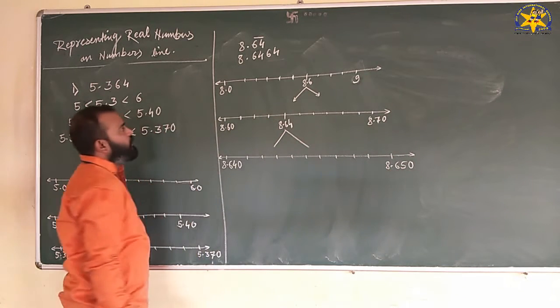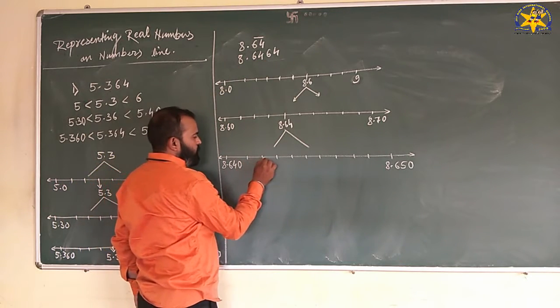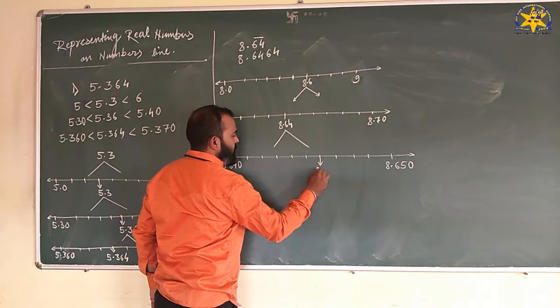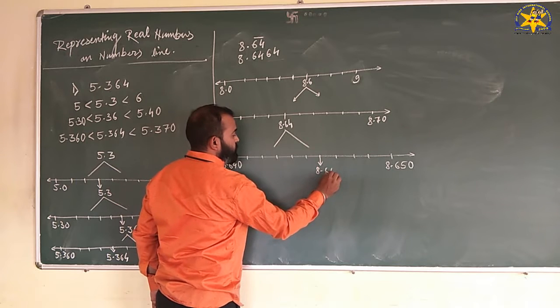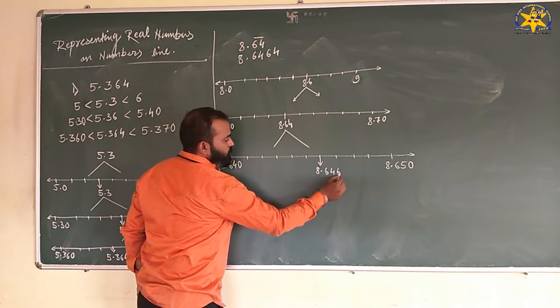What do you want? 8.646: 1, 2, 3, 4, 5, 6. So this will give us 8.646. Okay. Again it is up to 3 decimals.